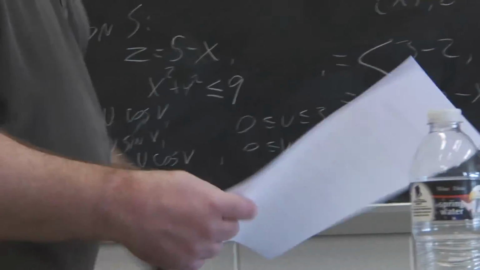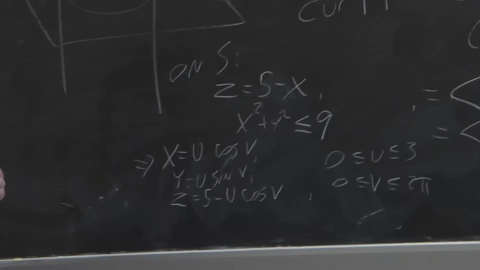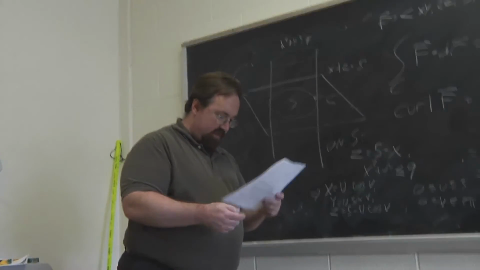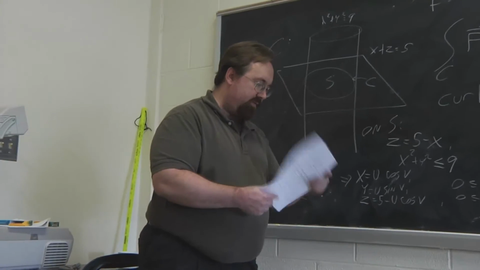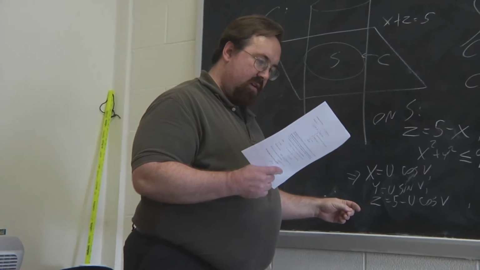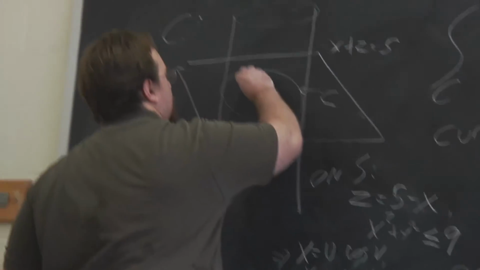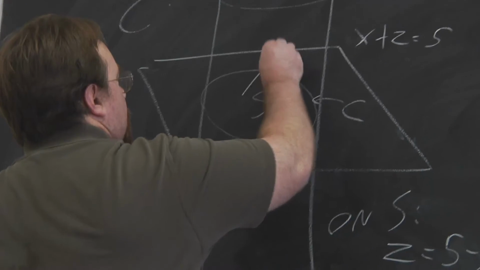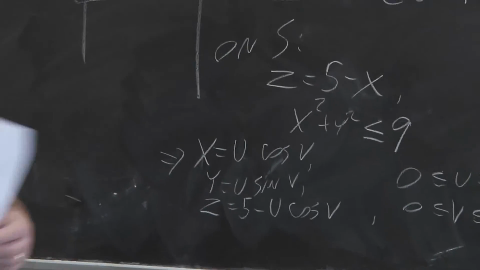Now we need to compute the normal vector to this surface. So for that we need partial derivatives of our parameterization with respect to u and v.